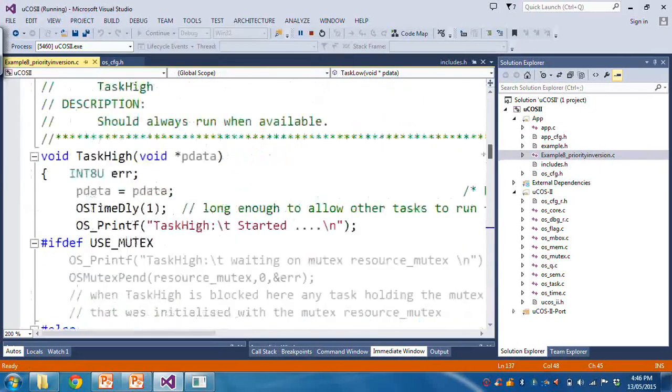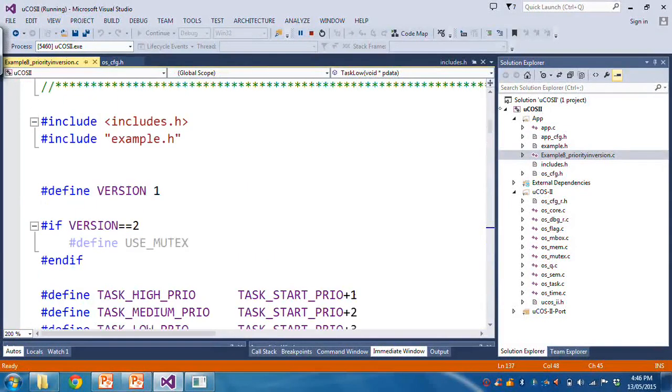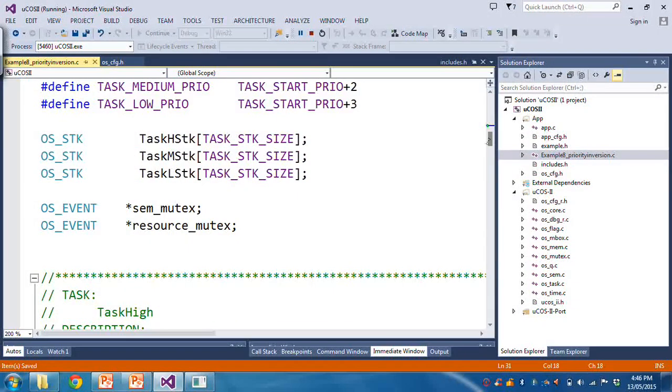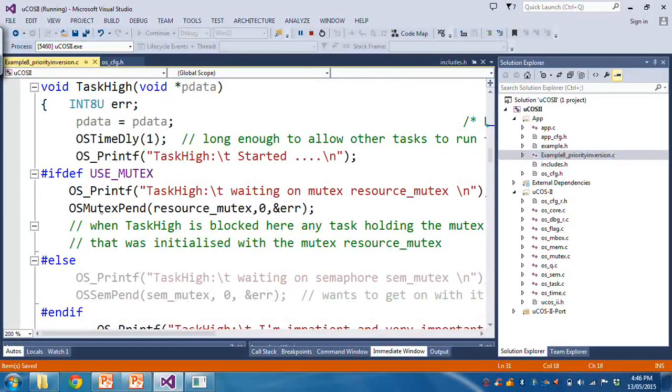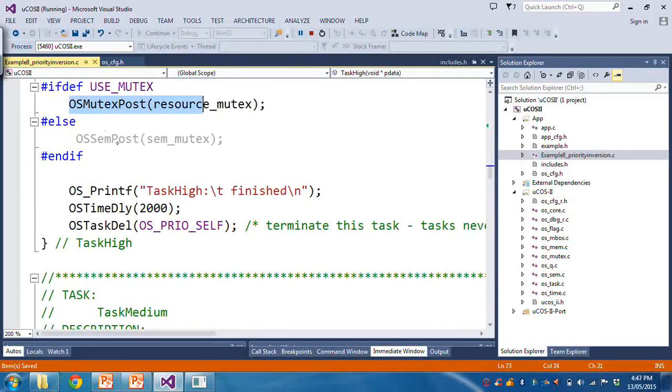To avoid that, all you need to do is replace all of your semaphores with mutexes. It's just a change of name and a change of how they're defined, so you have mutex pend instead of sem pend, and mutex post instead of sem post.